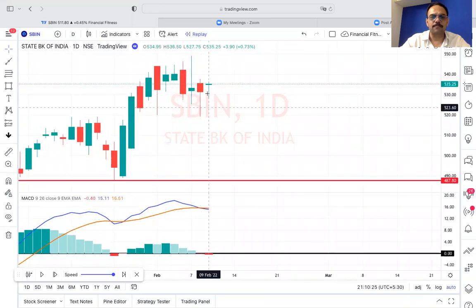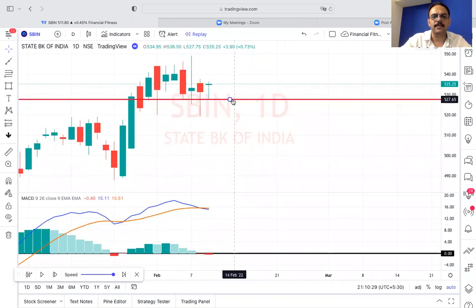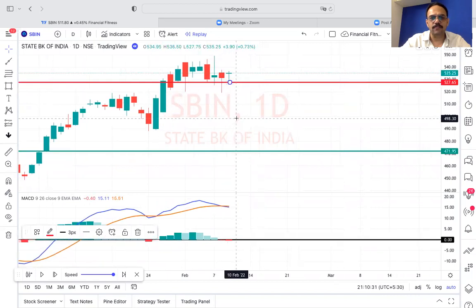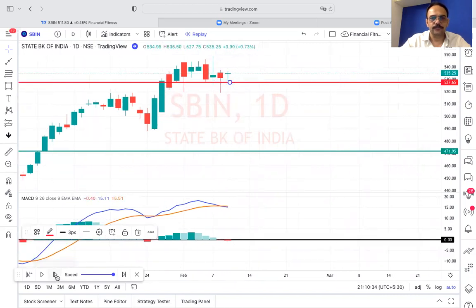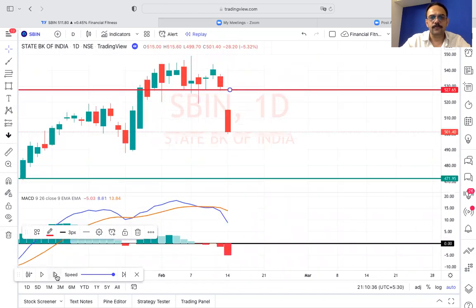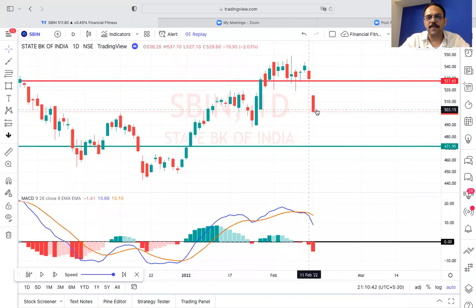This candle pushed it below. So we'll move our stop loss here. If it goes below this, we will exit. It gapped down. Unfortunately, we may have an opportunity here, but still we'll be able to make some money.